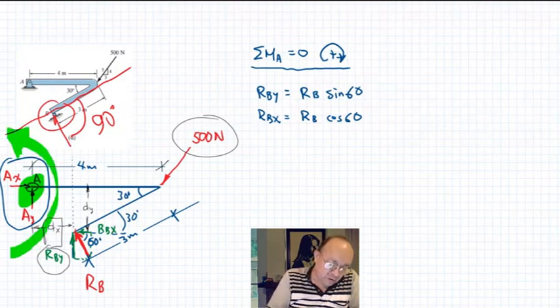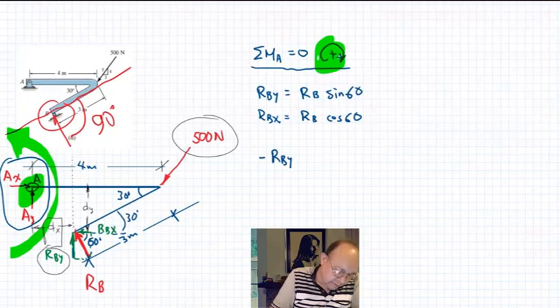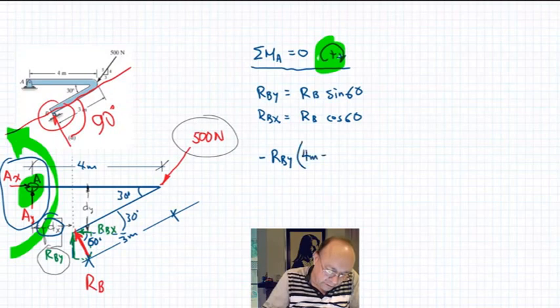It is opposite to what I decided to be positive. So that's going to be a negative moment, minus RBY times the distance. The distance will be dx. Dx is going to be 4 meters minus 3 meters cosine 30. Okay? Do you agree?